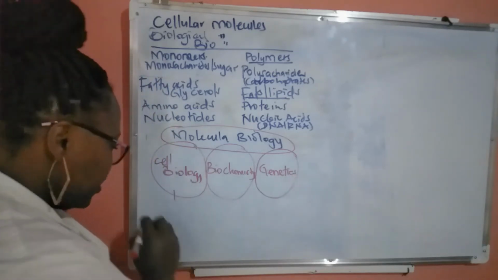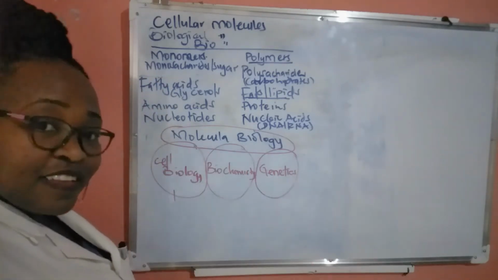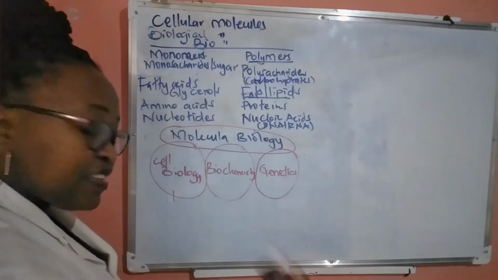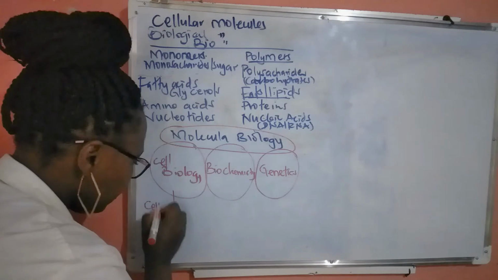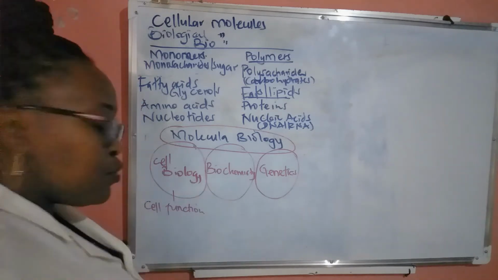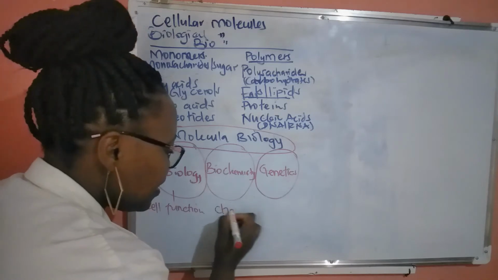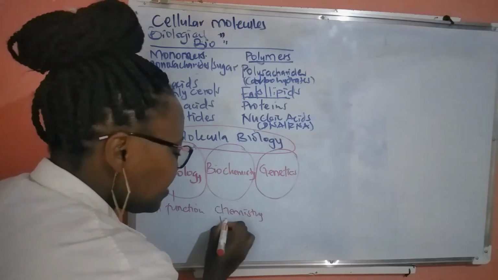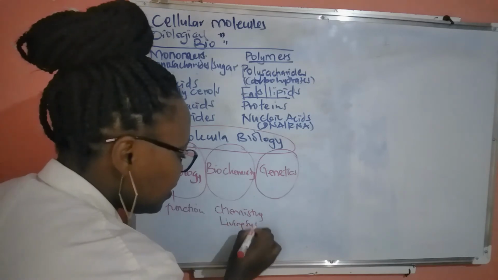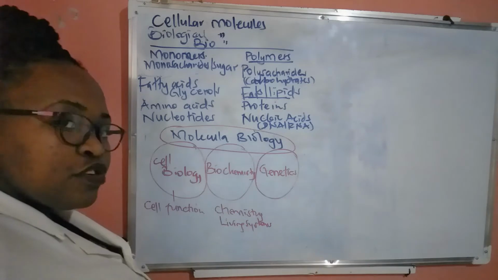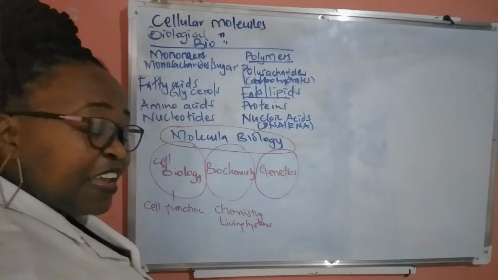Cell biology is the study of processes and structures that support cell function. Biochemistry studies the chemistry of living systems. For example, what are the chemical bonds that are involved?